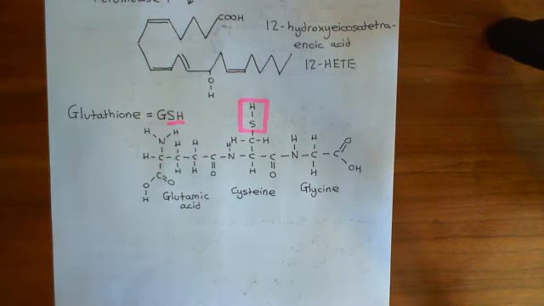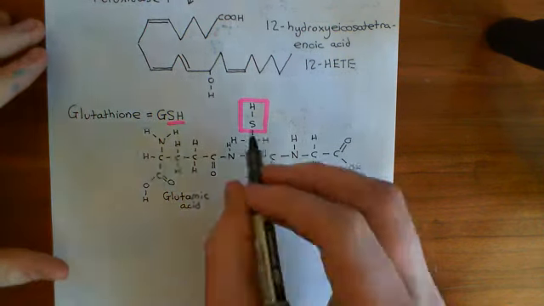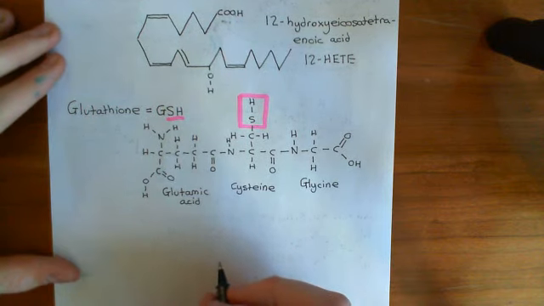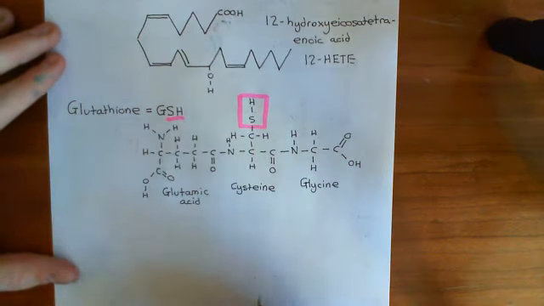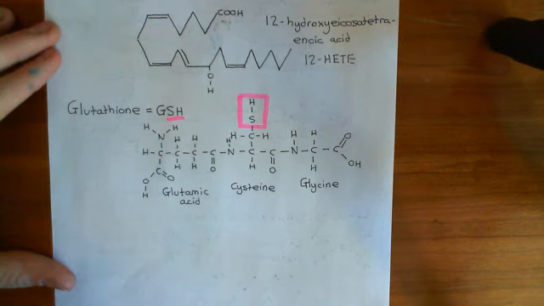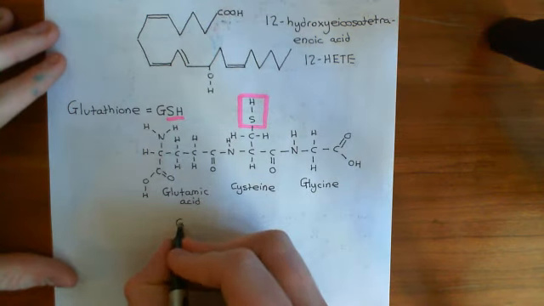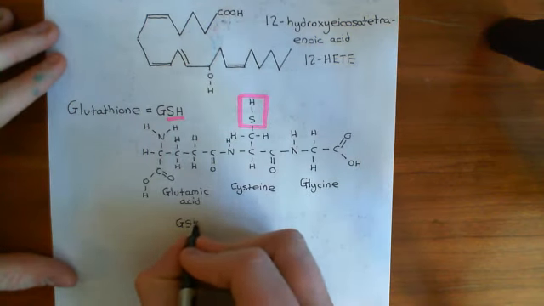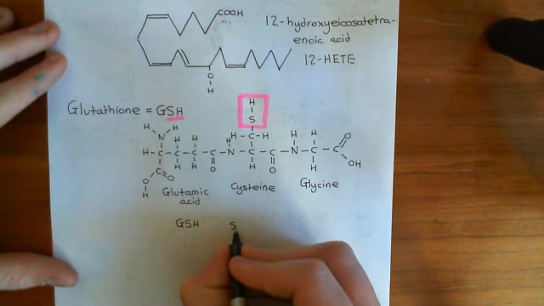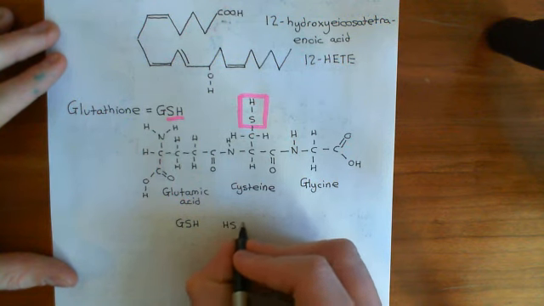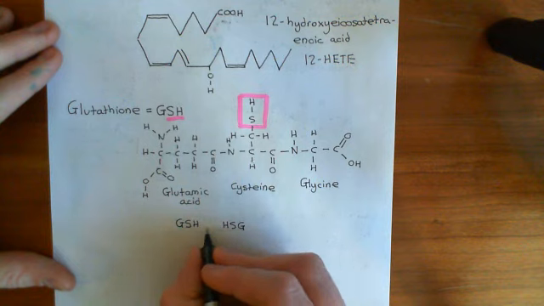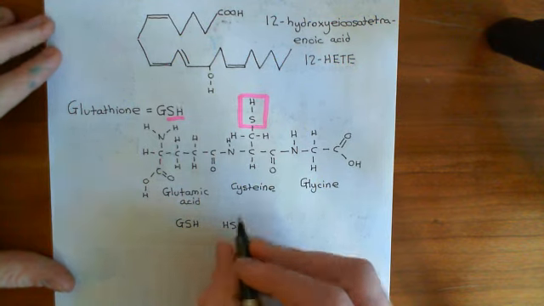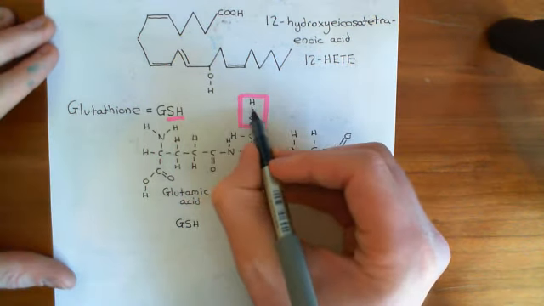Now, what can happen is you can link 2 of these glutathione molecules together by a disulfide bond between the 2 thiol groups. So you can take a glutathione molecule here, and you can take another glutathione molecule here, which I'll write backwards. So here are the 2 thiol groups. You can chop off the hydrogen from the sulfur atom.